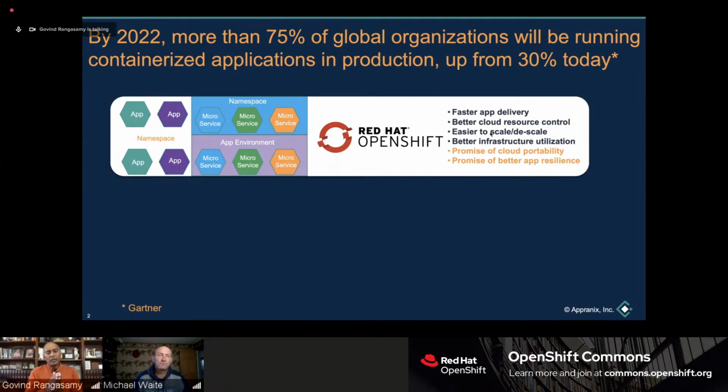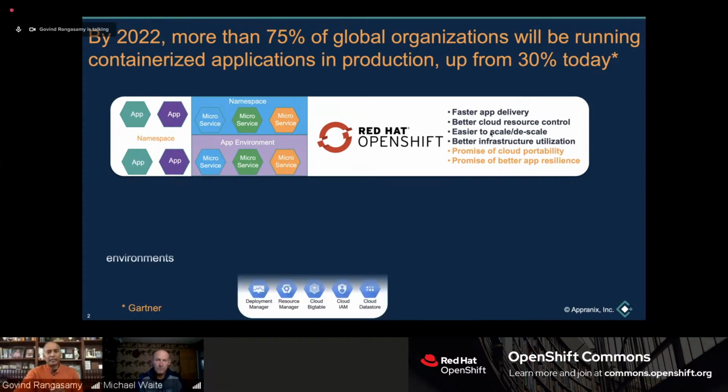The virtualization era promised better utilization of hardware, and it achieved a lot. It simplified a lot, but at the end of the day, from an application perspective, the control wasn't completely given to the application developers. So OpenShift and the underlying Kubernetes environment promise that, along with containers.